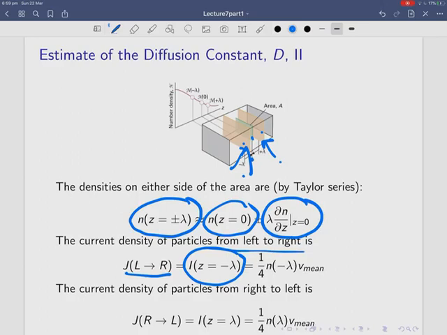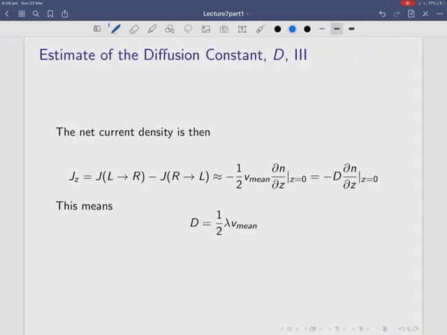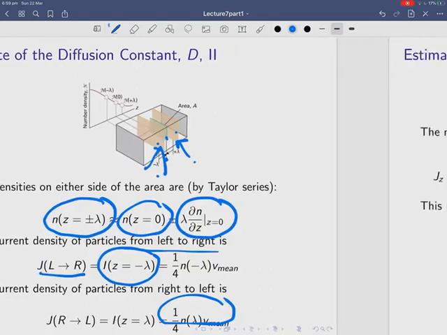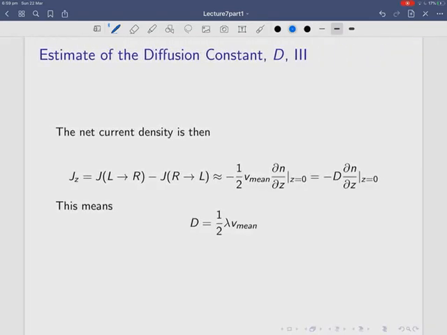And the current density of particles from right to left is similarly given by the same sort of thing, but it's z equals lambda, so you get that expression there. So the net current density is just the ones moving from left to right minus the ones moving from right to left, which gives us this particular answer here, which I'm sure I've left off a constant, which should have a lambda here. So there should be a lambda in there. If you sum up the two terms, I've just dropped off the lambda.